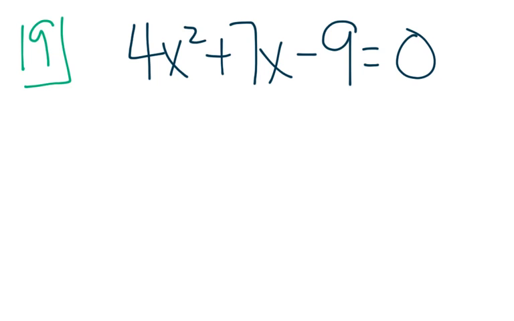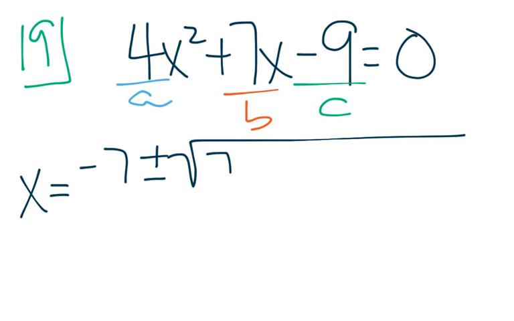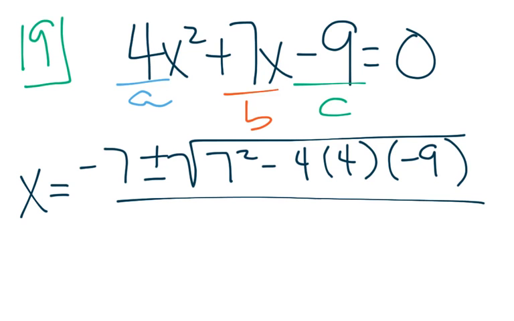Okay, 19. We have 4 for A, 7 for B, and negative 9 for C. So x equals opposite b, which is negative 7, plus or minus the square root of b squared, so 7 squared, minus 4 times a, which is 4, times c, which is negative 9, over 2 times 4.